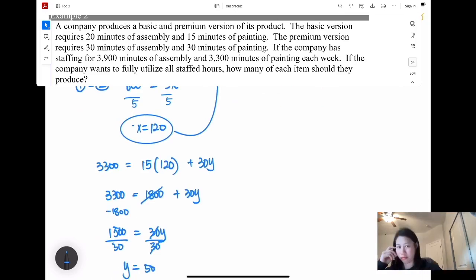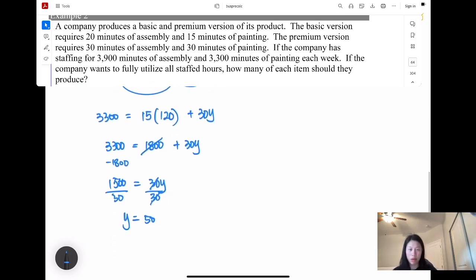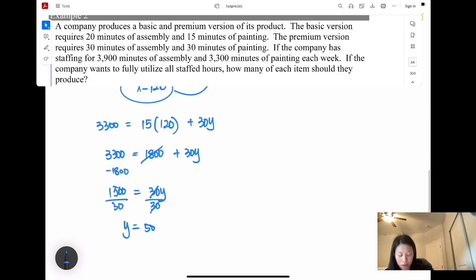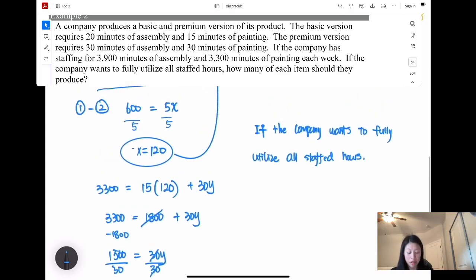Okay. So we still need to answer the question in the sentence: if the company wants to fully utilize all staff hours, how many of each item should they produce? So x equals 120.